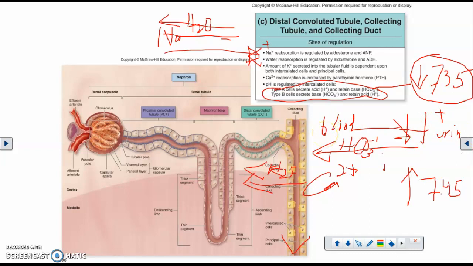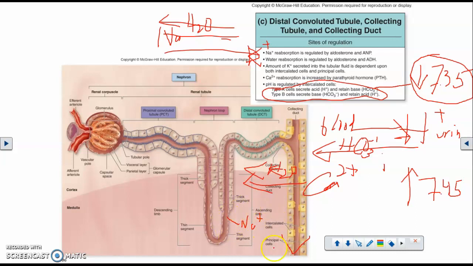So urine formation is very complex once we get to the distal convoluted tubule and the collecting duct, and the peritubular capillaries in this area are a little more complex. In the nephron loop, just remember that one of the big drivers of water reabsorption is how much sodium, potassium, and chloride ions exit.